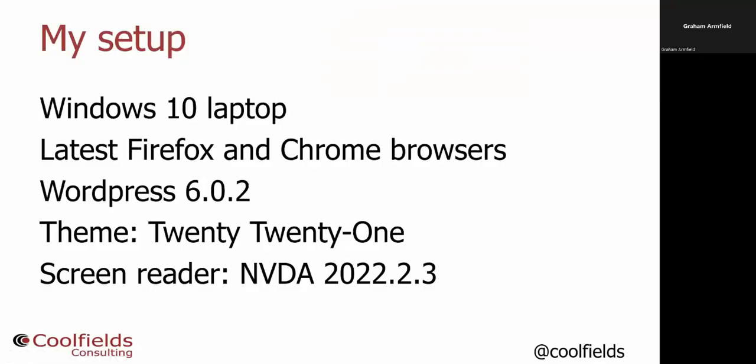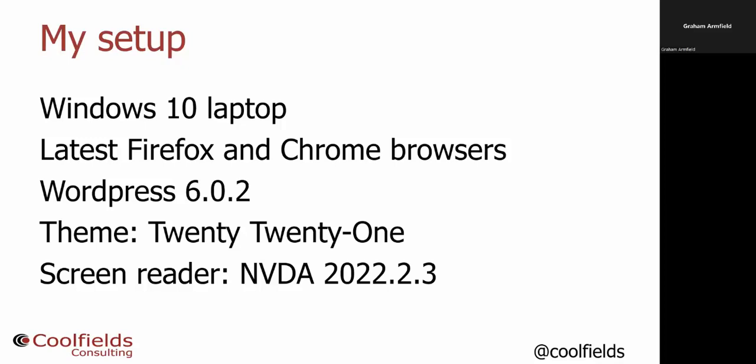Moving on. For my analysis of what I'm going to do, just a couple of details. Windows 10 laptop. I'm using the latest Firefox. I've got the latest Chrome, but I'm going to be using Firefox for this demo. And WordPress 6.0.2. I've created a test website using the 2021 theme.